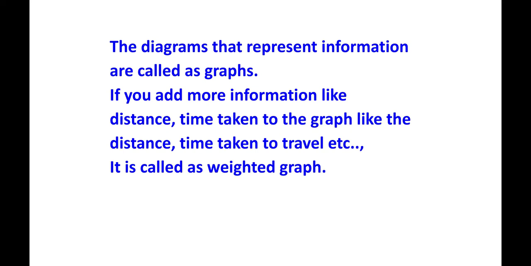How many hours are required to go from your home to school? It is called a weighted graph. So diagrams that represent information are called graphs, and if we add more information like distance and time taken, they are called weighted graphs.